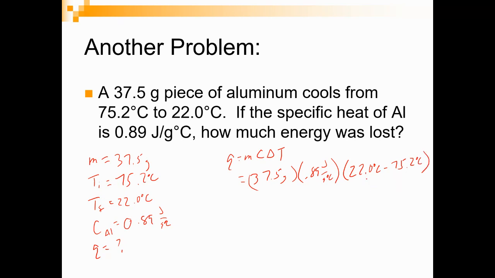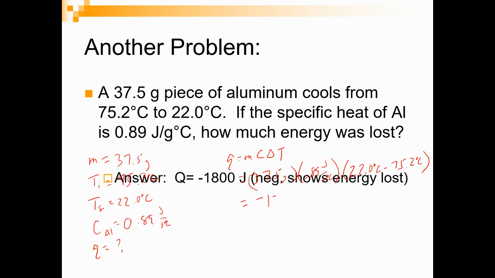Notice that this will give us a negative value of temperature change because the temperature went down. That's going to give us a negative for Q because the heat went down. It lost energy, so we should end up with a negative Q. That's why we use negatives for loss. So if you do all the math here, you should end up with negative 1,800 joules of energy. The negative means that we lost the energy.